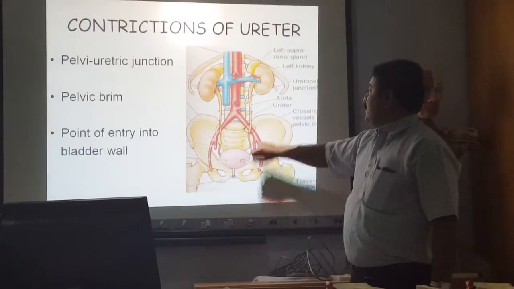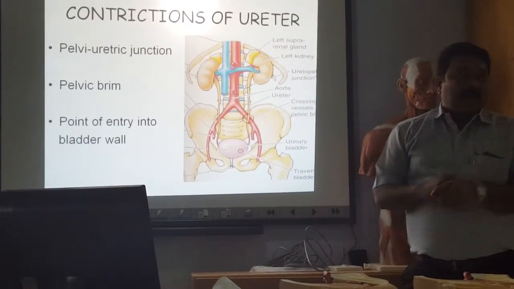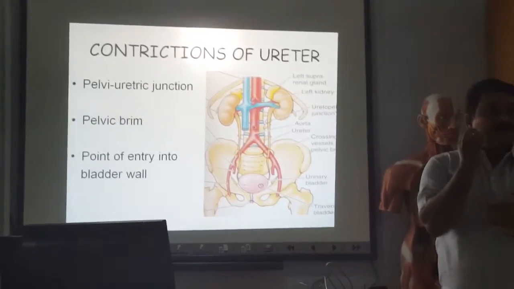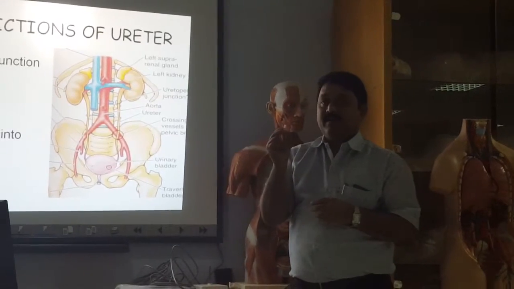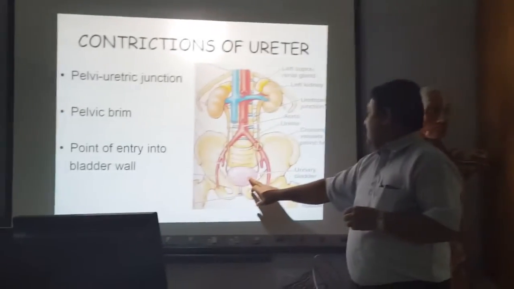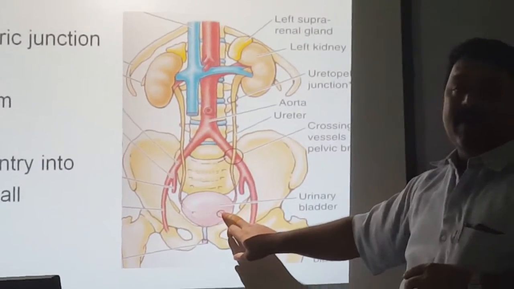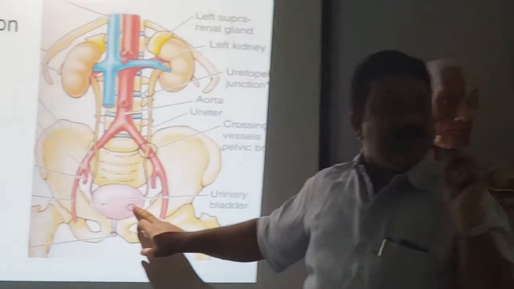Next is in the pelvic brim, passing from the common iliac. Okay, where you will find the constricted part of the ureter. Okay, and here it is the point of entry to the urinary bladder. Here also you will find a constriction part of the ureter.